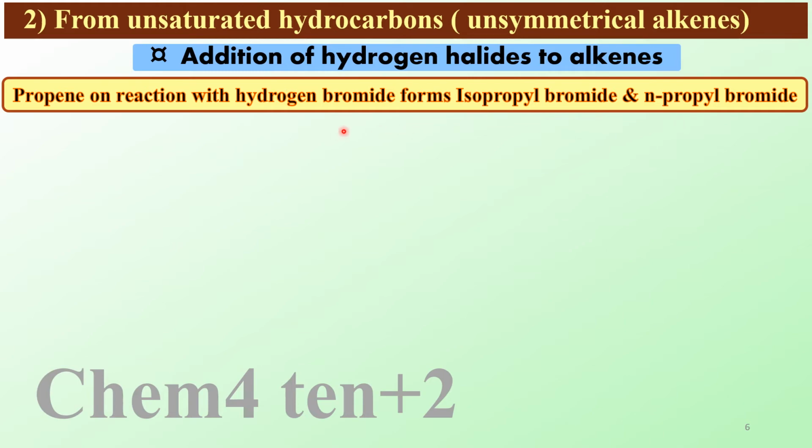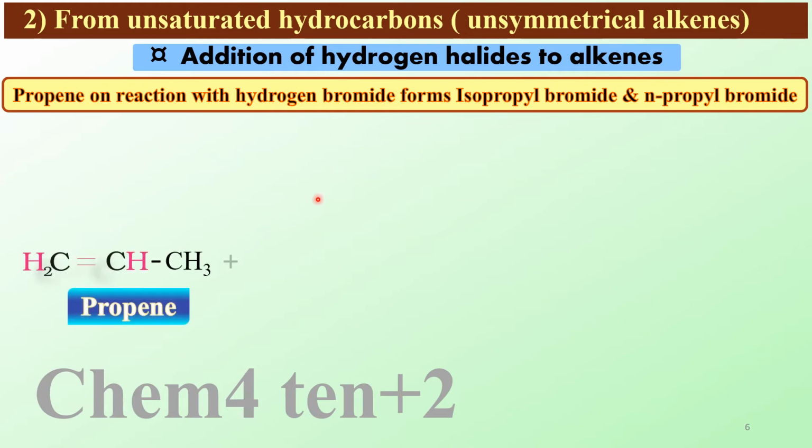So let's begin. Here propene is an unsymmetrical alkene. Before proceeding with the reaction, let's understand what we mean by unsymmetrical alkene. Where the carbon-carbon double bond exists, on either side of the double bond you find that the number of carbon atoms is not the same.